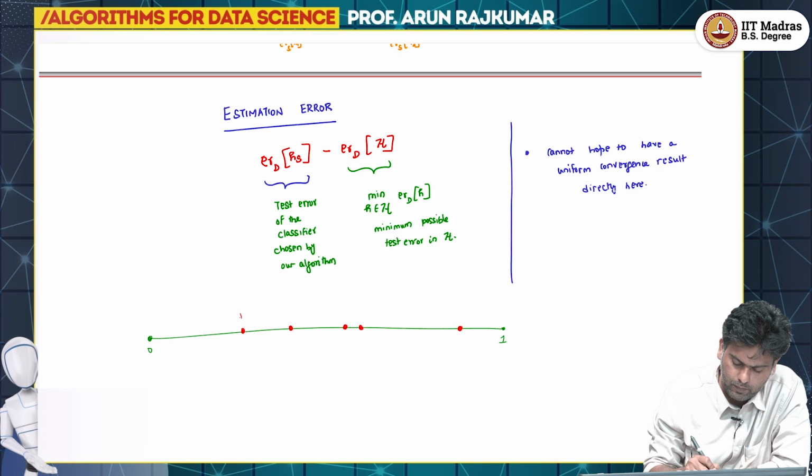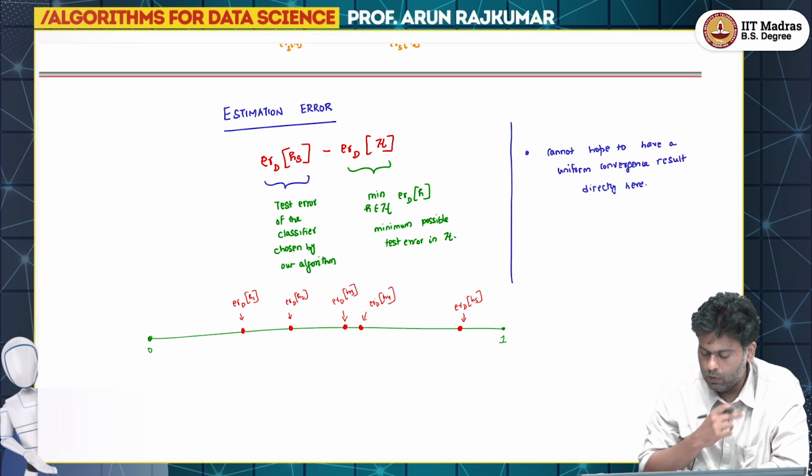So, this is RD of H1, this is RD of H2 and so on, this is RD of H5. Let me write it down so that we are clear what we are talking about. This is RD of H4.